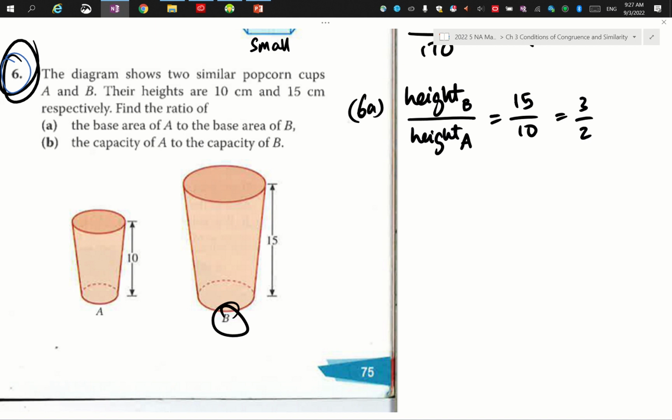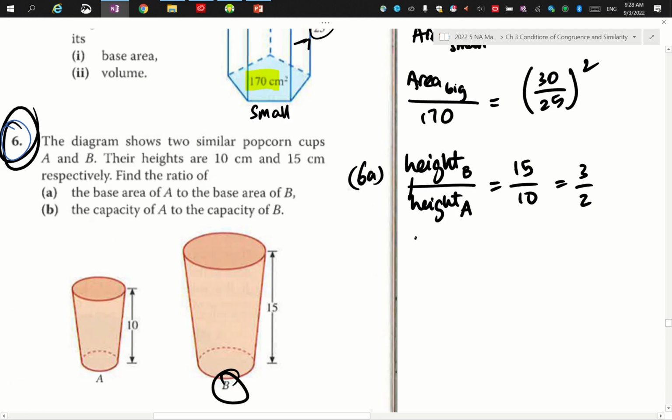Must square the answer. What do I write? Right area. Area B over area A. Square.